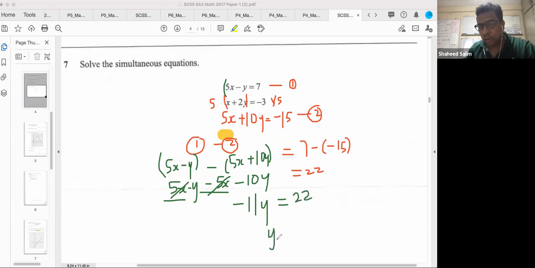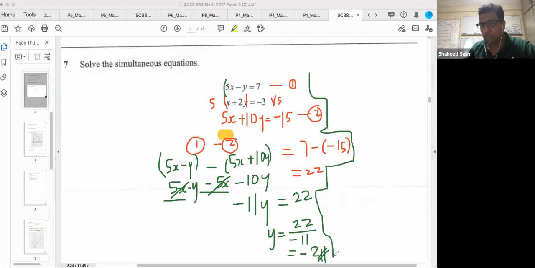You want to find what is y? 22 divided by negative 11. Your answer is negative 2. y equals negative 2. Okay, this one's okay so far? You understand it's negative 2?